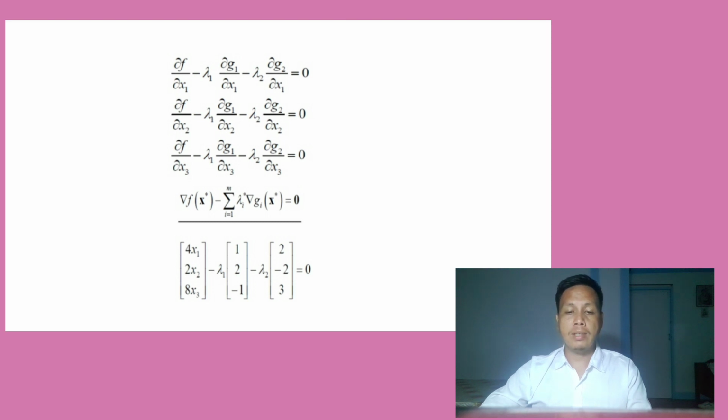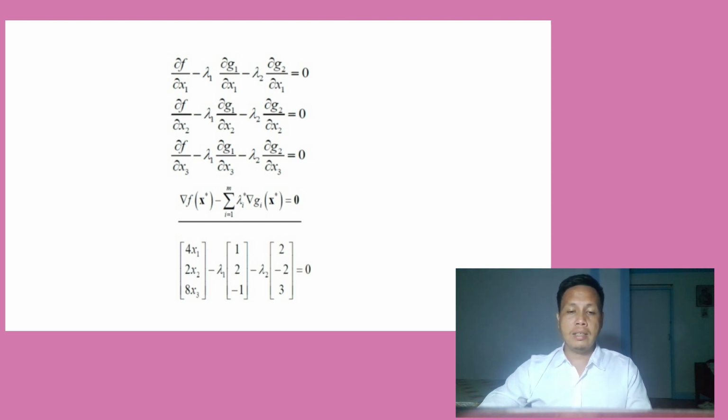Lambda 1 times 1, and minus lambda 2 times the derivative of 2x sub 1, which is 2. So we follow these three equations.